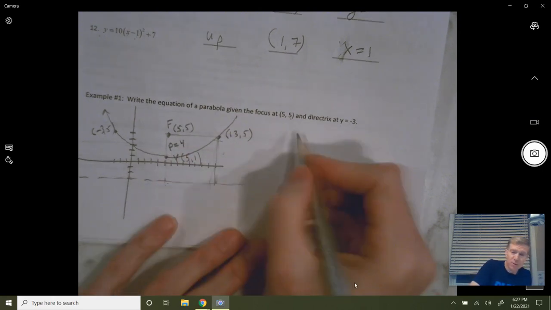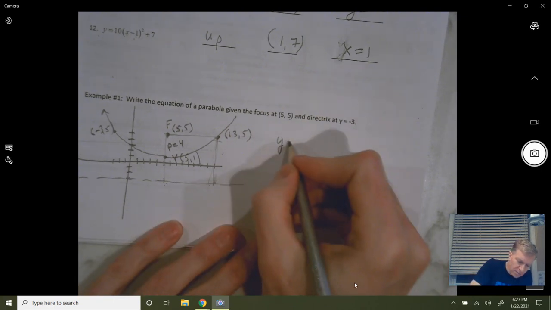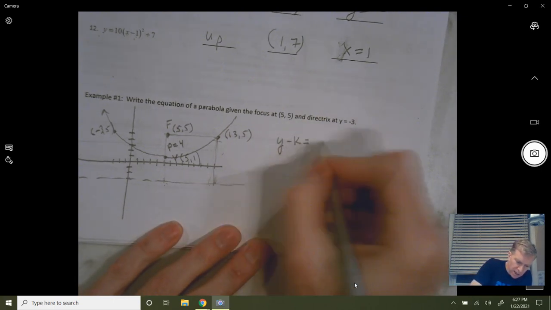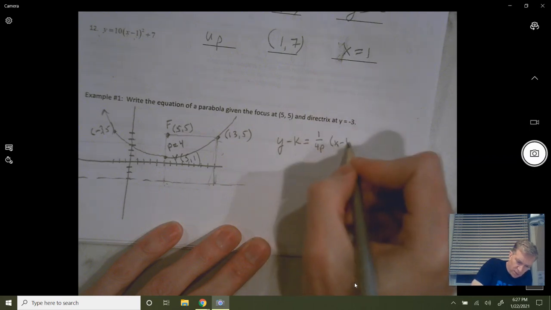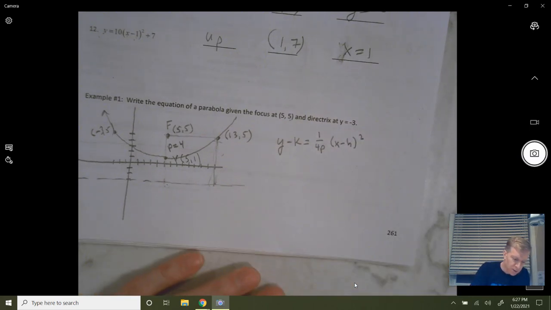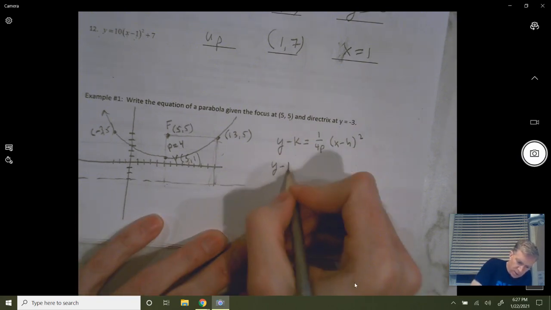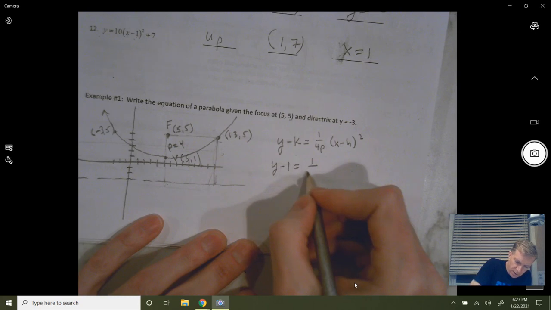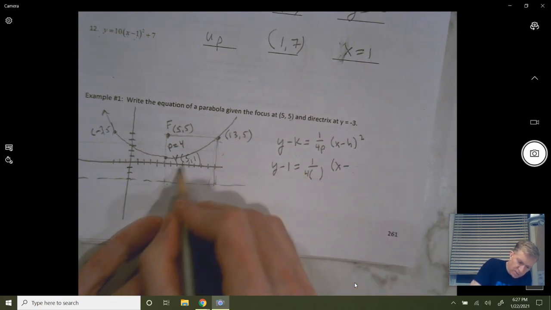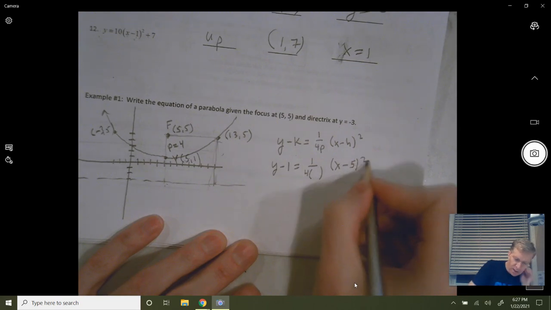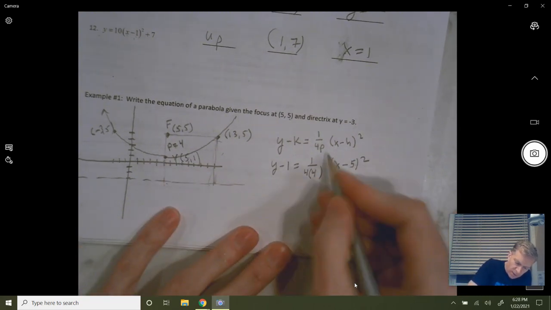This opens up, so the general equation for a parabola that opens up is y minus k equals 1 over 4p times x minus h, quantity squared. Let's plug in our vertex. Our vertex is 5, 1. So y minus 1 equals 1 over 4p times x minus 5 squared. And our p value is 4. So we're going to put in a 4 for p.